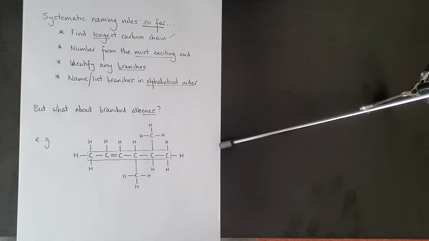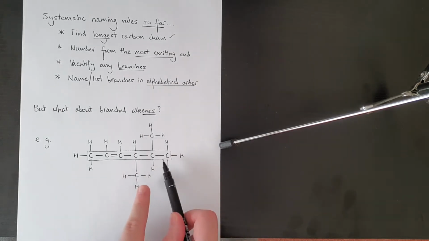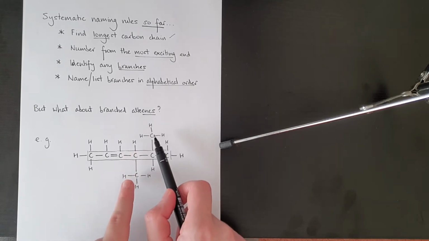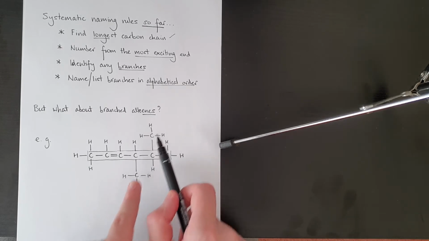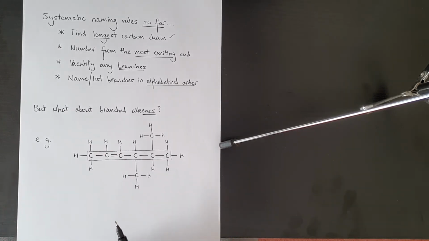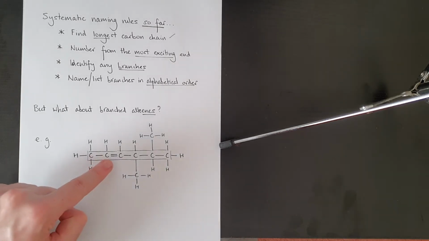Our rule isn't quite comprehensive enough now, because on the right-hand side, we have some branches, 2 methyl branches, and before we said that made that the most exciting end, the side with the most going on. But now on the left-hand side, we've also got this.